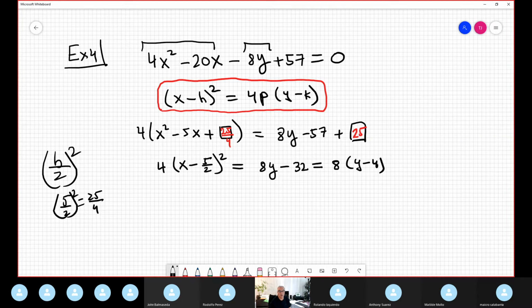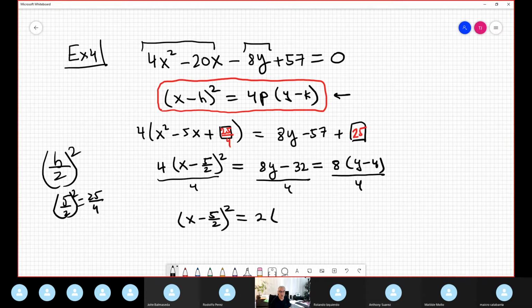And little by little you approach it to this equation. In this equation, the coefficient is 1. You divide by 4 here, you divide by 4 here, you divide by 4 here. So we have x minus 5 over 2 squared is equal to 2 times y minus 4. Wow, much better.